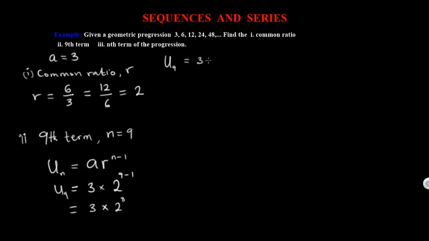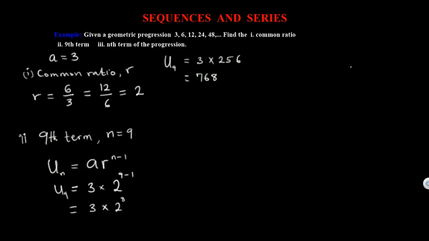That will be 3 multiplied by 256. You can as well confirm that. 256 multiplied by 3, then we have 768, which is the ninth term of this given geometric progression.